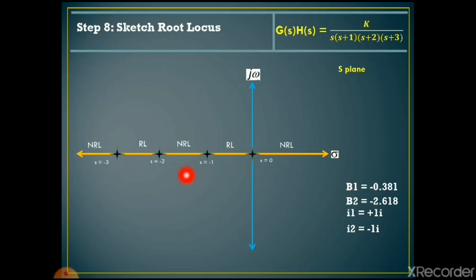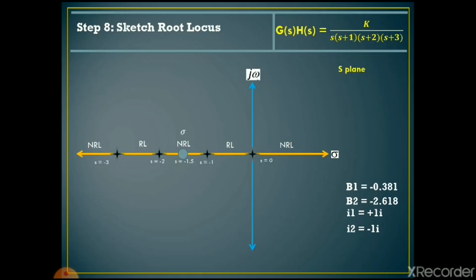And then we found out that the centroid is at -1.5, right? So here we have a centroid at -1.5. Now we know that the centroid is a point on the real axis where all the asymptotes are going to meet each other. So you are going to draw the asymptotes by taking the centroid as reference. Here we have 4 asymptotes, right?